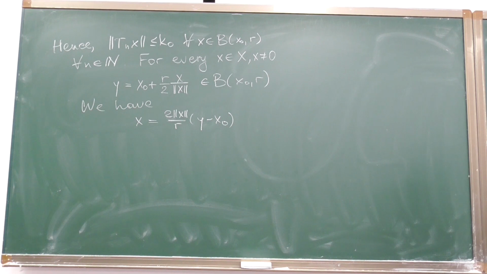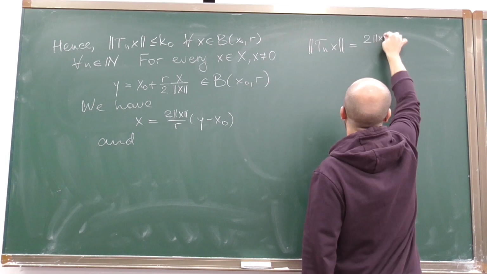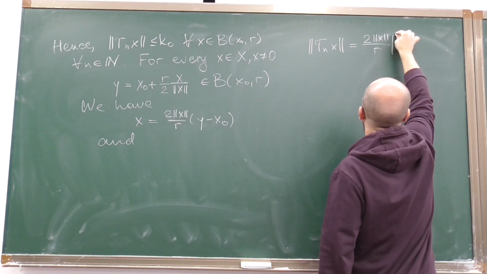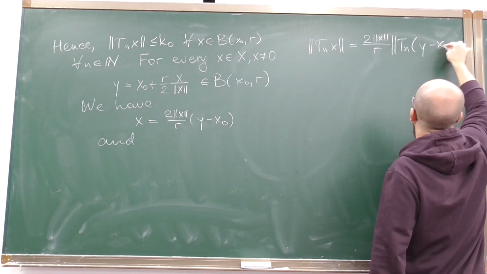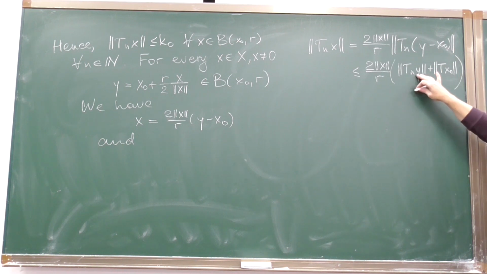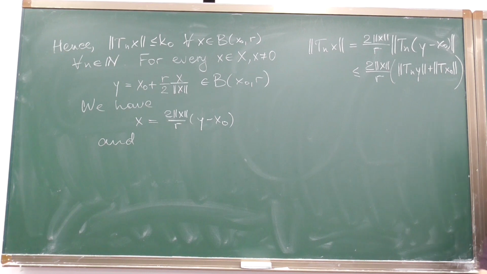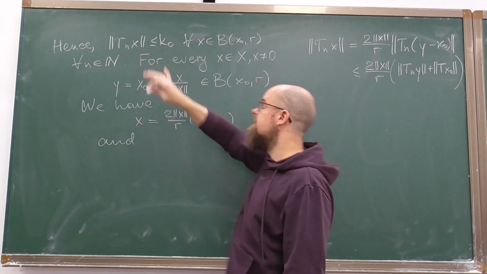Now let me estimate the norm of T_n x. I will use the triangle inequality to estimate this norm as a sum of the norms. But both elements x0 and y belong to the ball, so for the norm of T_n of them, we have this estimate.